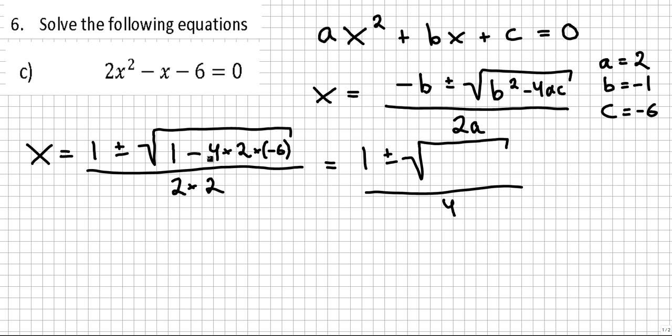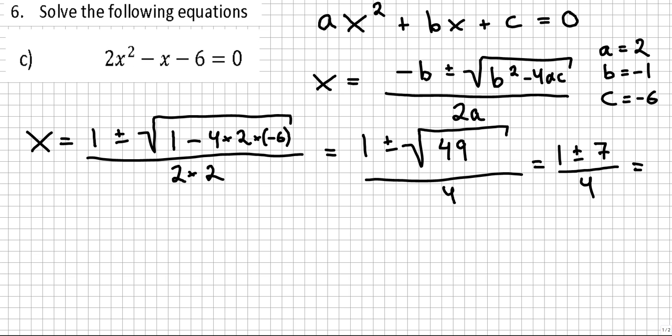So minus 4 times 2 is minus 8, minus 8 times minus 6 is 48. 1 plus 48 is 49. 1 plus minus the square root of 49 is going to be 1 plus minus 7, and everything divided by 4.